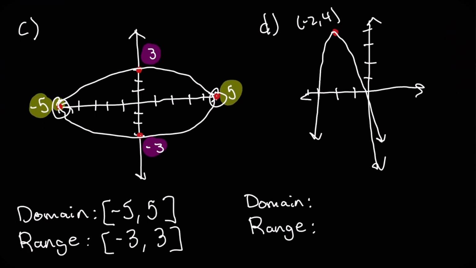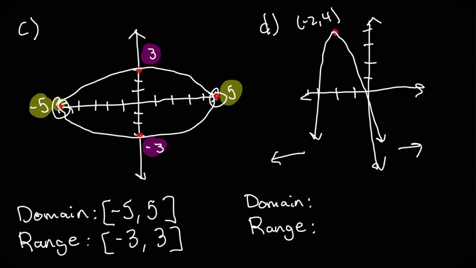Okay, now for D. Let's look at our domain and our range. So our domain, in this case, all of our x values, so it's going to keep going to the left to infinity, and it's going to keep going to the right for infinity.